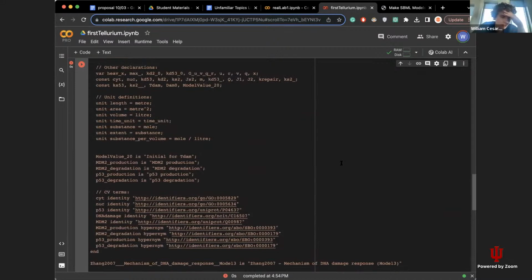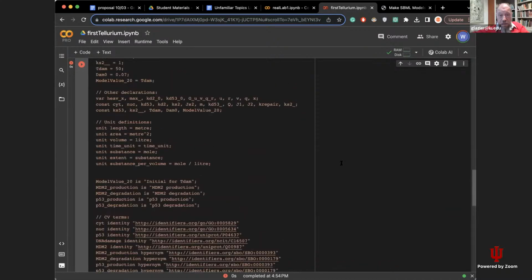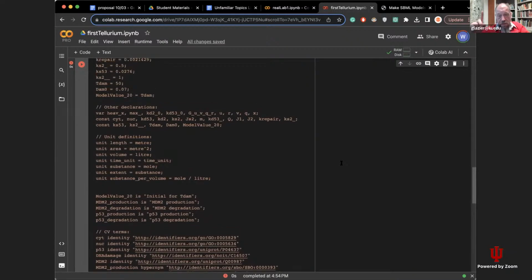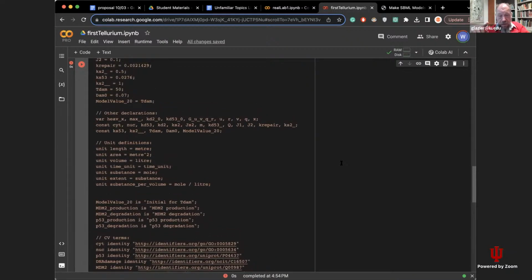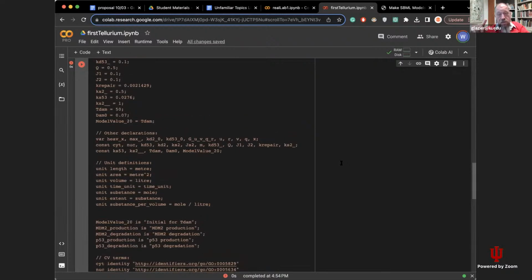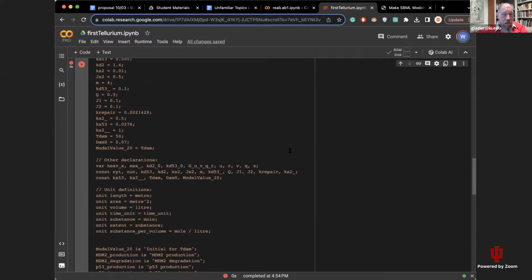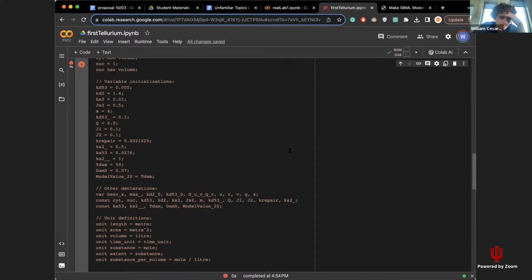Got it. Okay. So almost certainly what has happened here is that somebody's used a character that Antimony thinks is a reserved character. For example, as you pointed out, a triple quote would be read as a string character when it's probably trying to represent the time derivative.